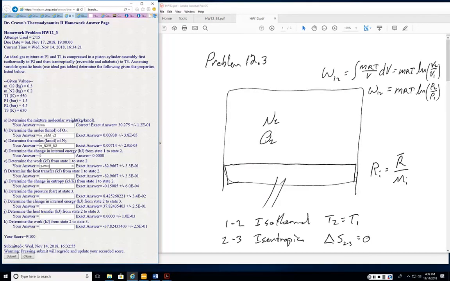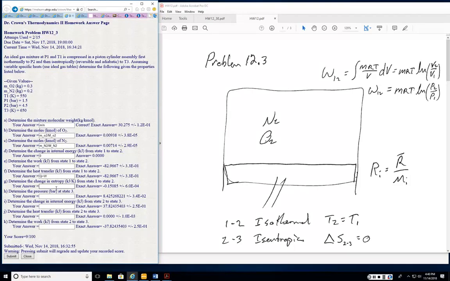Anyway, I'll have the right magnitude. The sign would change. So that's how I find work equals integral P dV. The heat transfer from state 1 to 2 will be equal to the work, equal in sign and magnitude. So Q equals W if delta U equals 0.